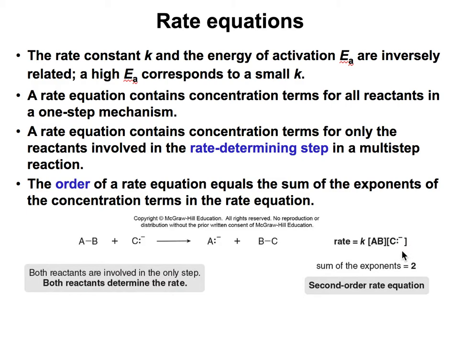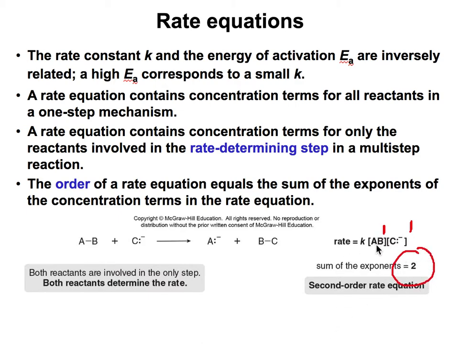When the reaction happens in just one step, just as this one right here, all the reagents matter. So both the starting materials, in this case this AB molecule and the C minus molecule, they both matter. So that's why the rate of this reaction will be 2, because we have a 1 right here and a 1 right here, and we add them, and that's how we get this 2.